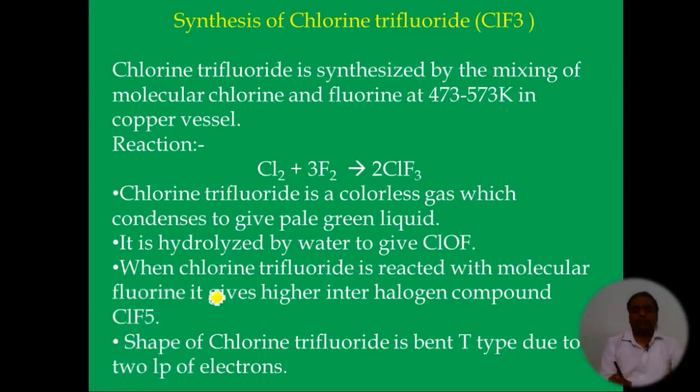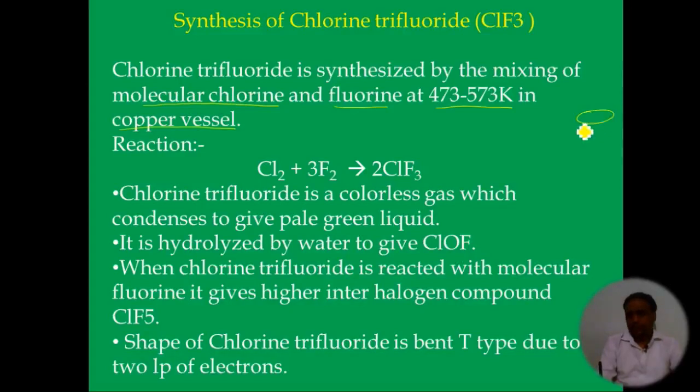Chlorine trifluoride is simply prepared by mixing molecular chlorine and molecular fluorine at 473 to 573 Kelvin in a copper vessel. Simply, you have to take a reaction vessel.